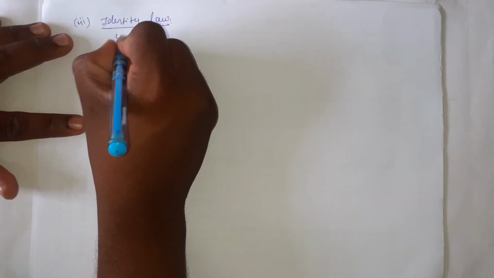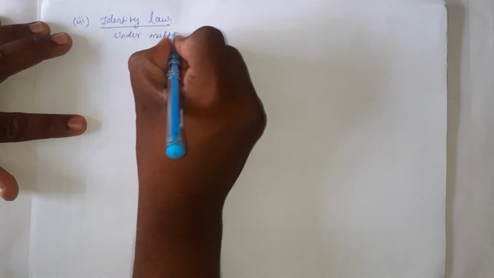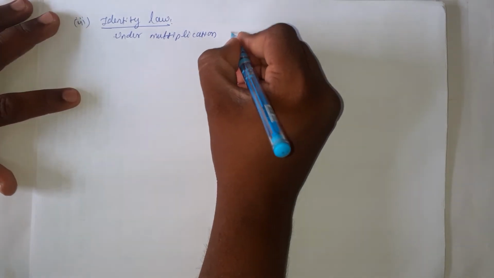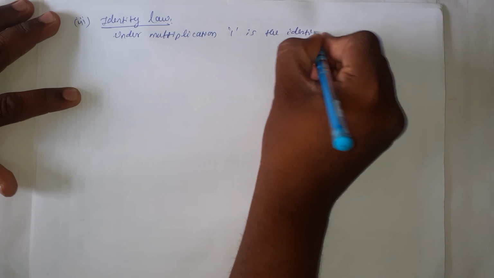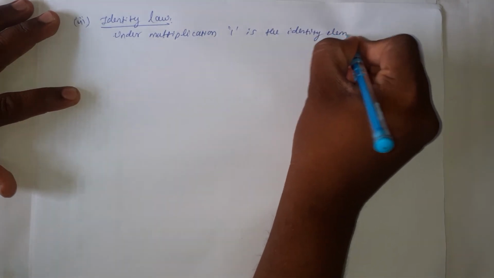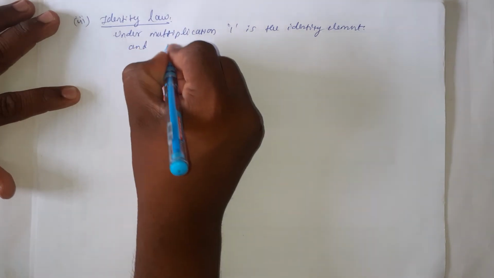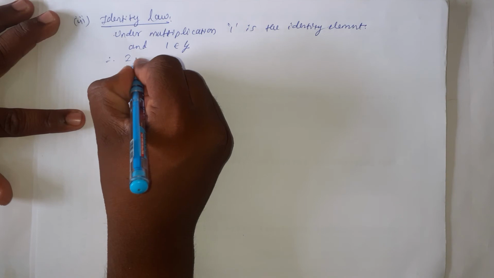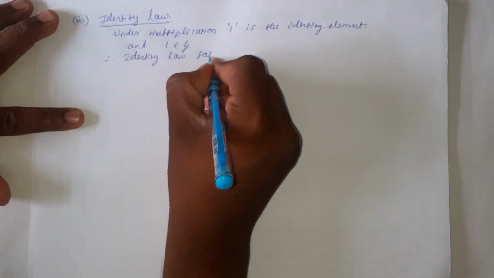Here write: under multiplication, 1 is the identity element, and that 1 belongs to the given set G. Therefore, the identity law is satisfied.